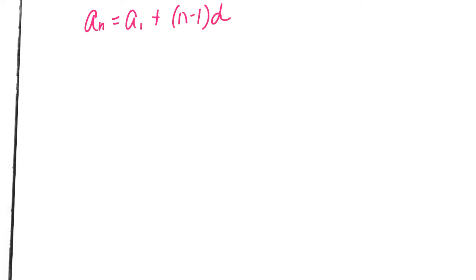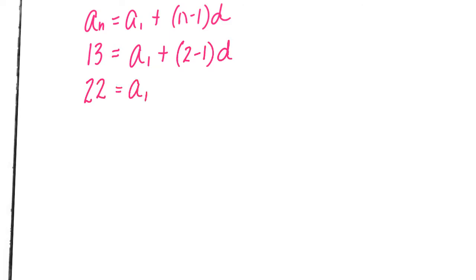The other thing that we know is that 13 is equal to, we don't know the first term, but we know that 13 was the second term. We also do not know the common difference. We know that 22 was the fifth term. And again, we don't know the common difference.